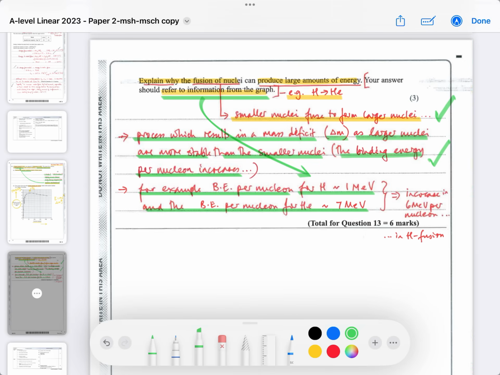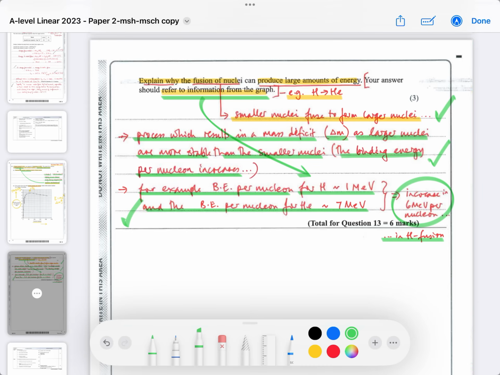So by doing this, the increase per nucleon is around 6 mega electron volts. So in fusing hydrogen together, this is the amount of energy released per nucleon when you fuse hydrogen nuclei into helium nuclei. And I think that would get you the 3 marks.